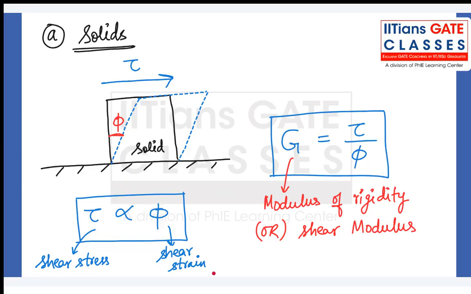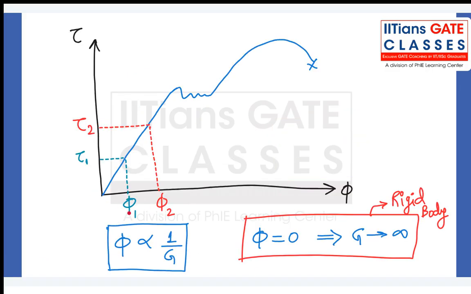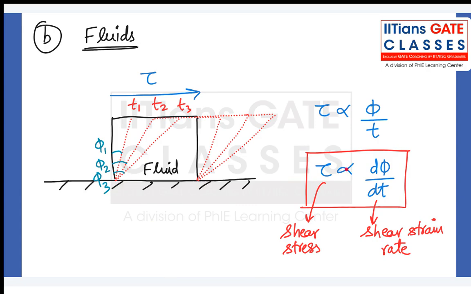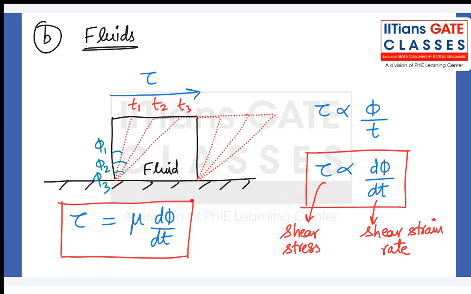In the case of solids, we have a quantity called modulus of rigidity or shear modulus, and this quantity was introduced to remove the sign of proportionality. Here also we have to remove this sign of proportionality. So I will introduce a new quantity called mu in place of the sign of proportionality. Can anybody tell me what is the name of this quantity mu?